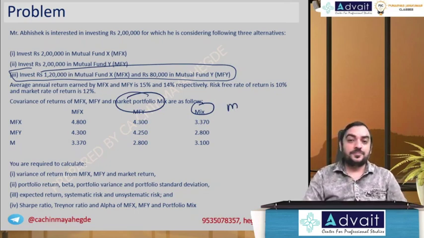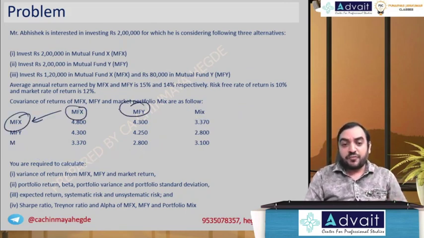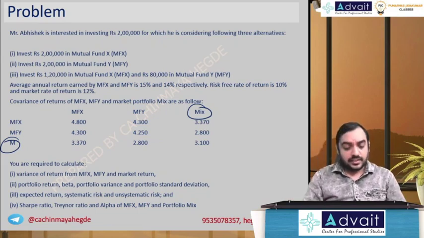This is where you go wrong. And one more point. This is mix and this is M. Are they the same or different? Look at this. MFX, MFX: same. MFY, MFY: same. But here they have used the word mix and here the word M. Are they the same or something different? Are they trying to indicate something? Nothing.